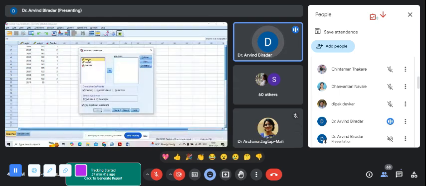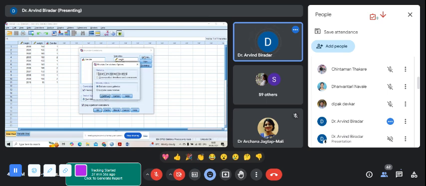The variables are height and weight. Now take the Pearson. Options are there. No problem, transfer is not necessary. See that.